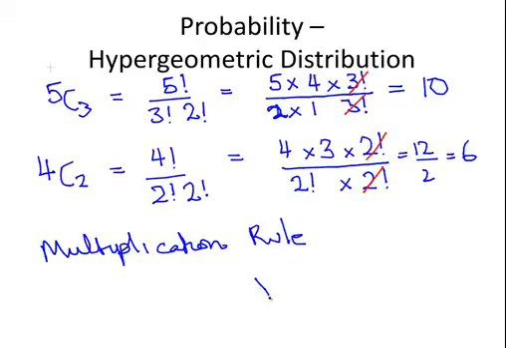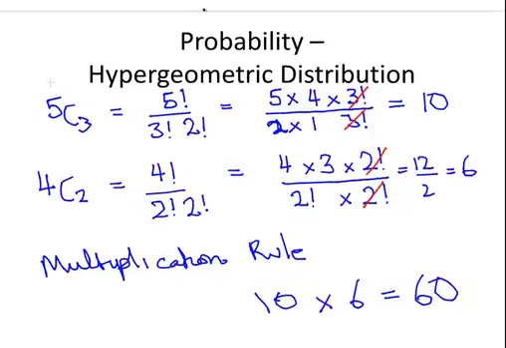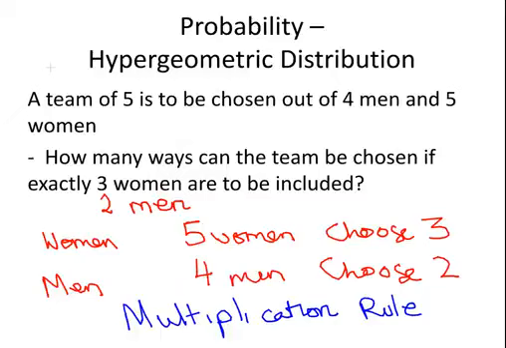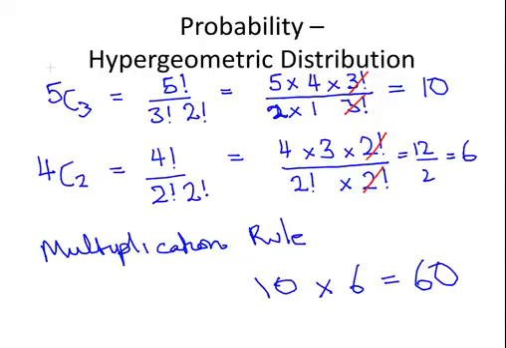The answer is 10 by 6, so the number of ways is 60. So that's the answer to the second one. Let's just go back there and read the question. How many ways can the team be chosen if there are exactly 3 women to be included? Okay, so the answer there is 60.